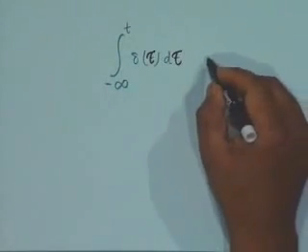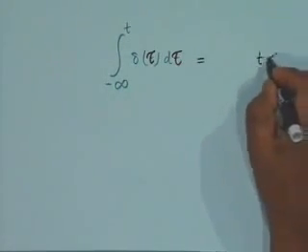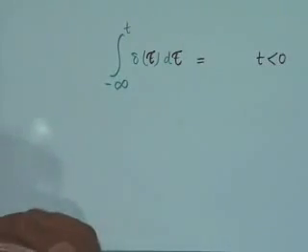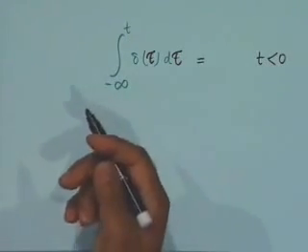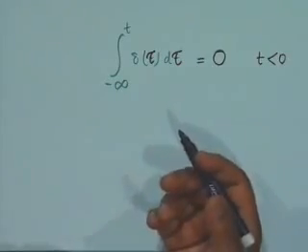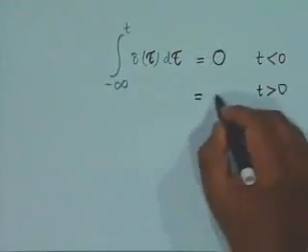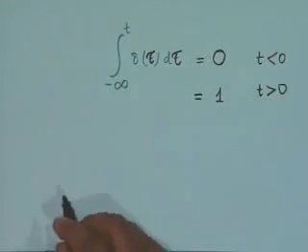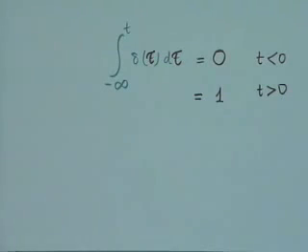If this small t is less than 0, then the value of the integral shall be 0, because the function had no chance to show its face, it didn't appear at all. On the other hand, if t is greater than 0, it is 1. We also make fine distinctions between how close t is to 0.